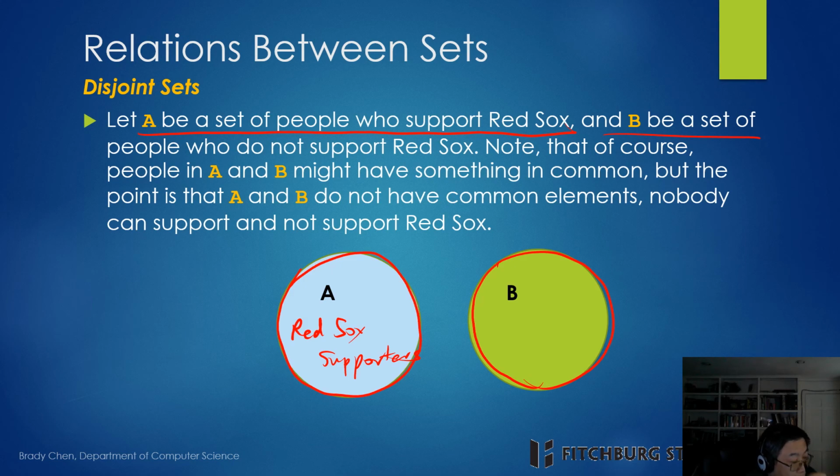Is there any overlapping between A and B? Which means, can we find anyone who supports Red Sox and in the meantime doesn't support Red Sox? The answer is no, right? You cannot. So in that case, these two sets do not have common elements. Okay, so this relationship is called disjoint sets.